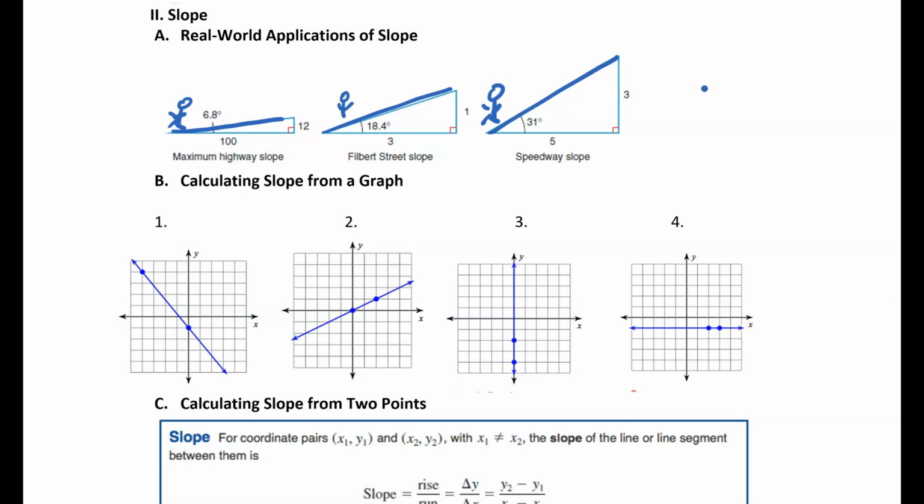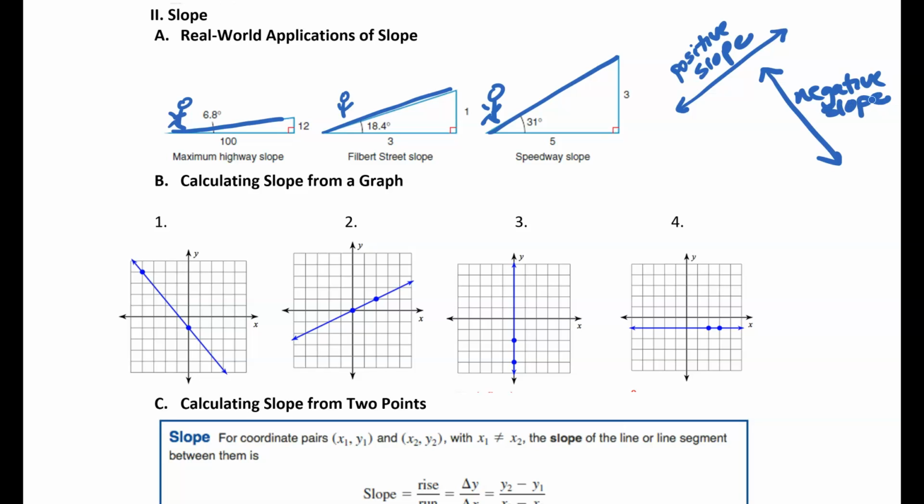All of these ramps are increasing from left to right, and when we have an increase from left to right, we call this a positive slope. So all of these ramps have positive slopes. If a ramp or a line is decreasing from left to right, so it looks like this, we call this a negative slope.